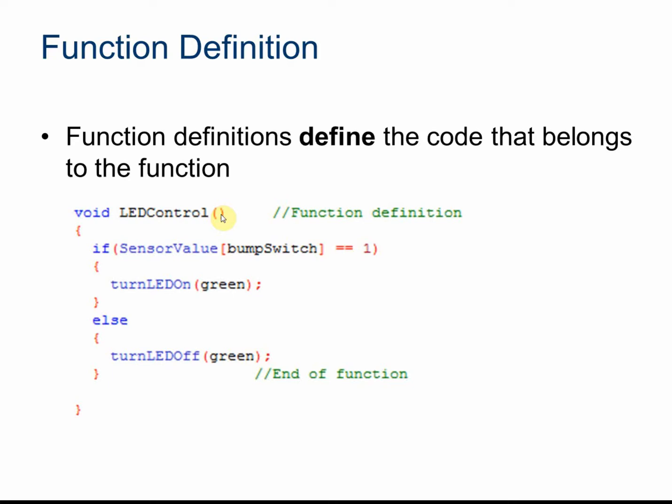I could say bool on, and then a semicolon. And that would create an argument. And then inside of this function, I would have the ability to use on as a variable, the one I declared inside these parentheses.